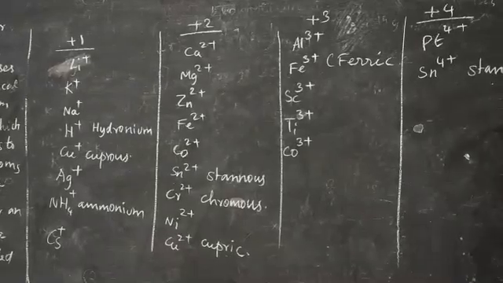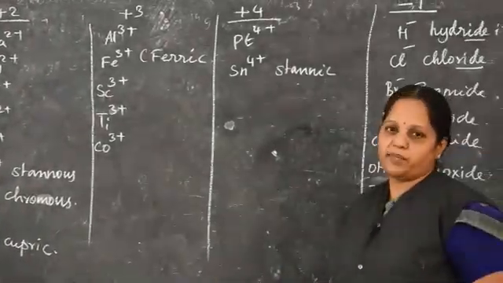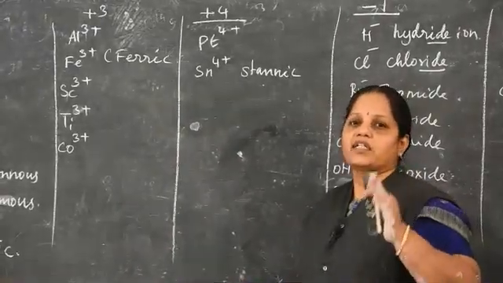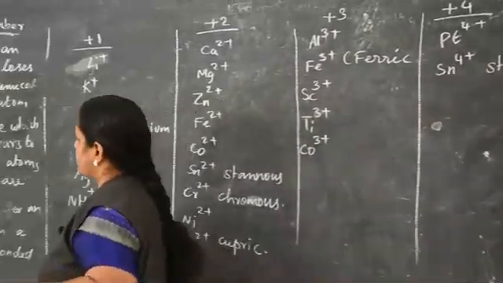So before discussing chemical formula, we want to know what is the oxidation number. How will you calculate oxidation number for a given compound? So what is the oxidation number?